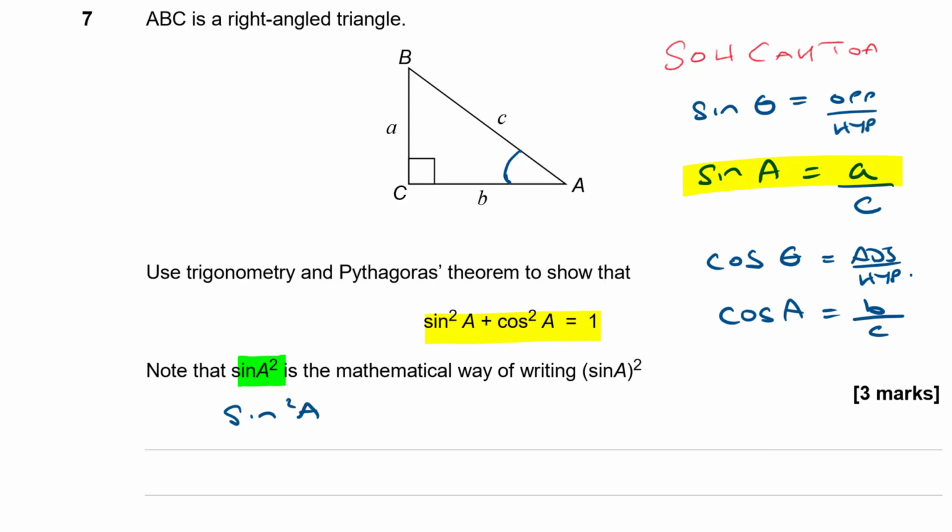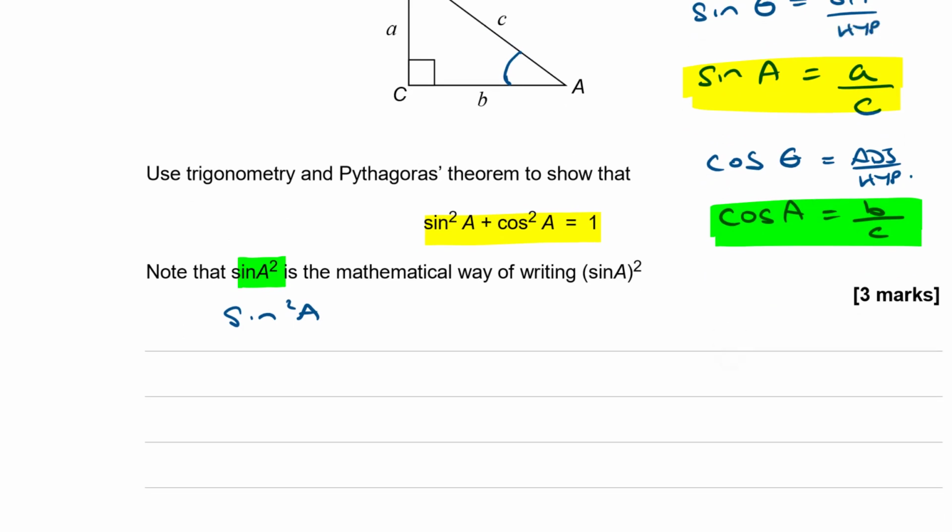Okay, so I've got two expressions now. I've got sine A is A over C, and I have got cos A equals B over C. So I need to show that sine squared A plus cos squared A is equal to 1. So let's take our two expressions and square them then. So sine squared A plus cos squared A. Now that's the left-hand side, isn't it, of my thing that I need to prove.